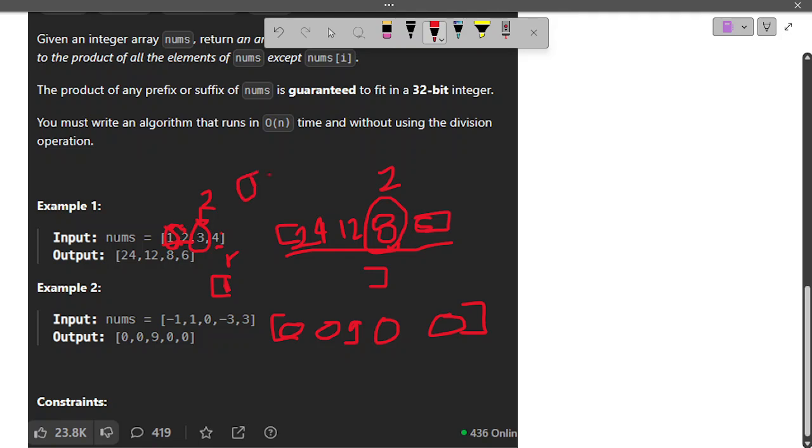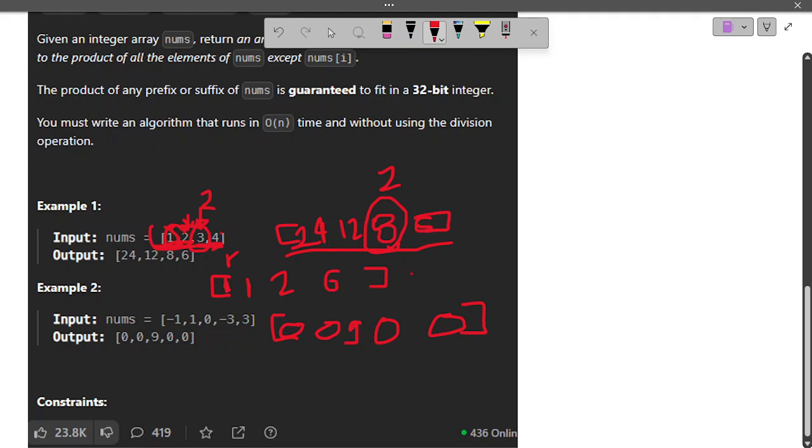If you take 0, the whole array becomes 0, so you take 1. At the next index the product of all left elements is 2, and at the next it is 6.